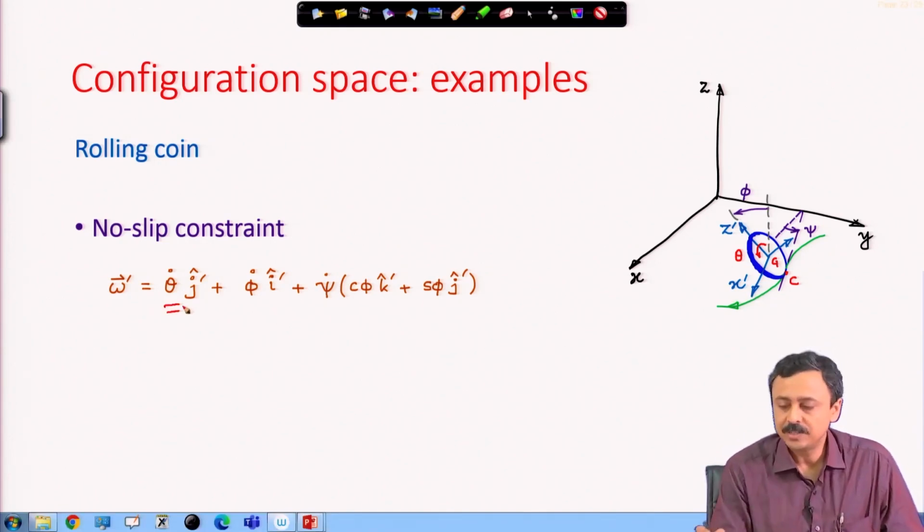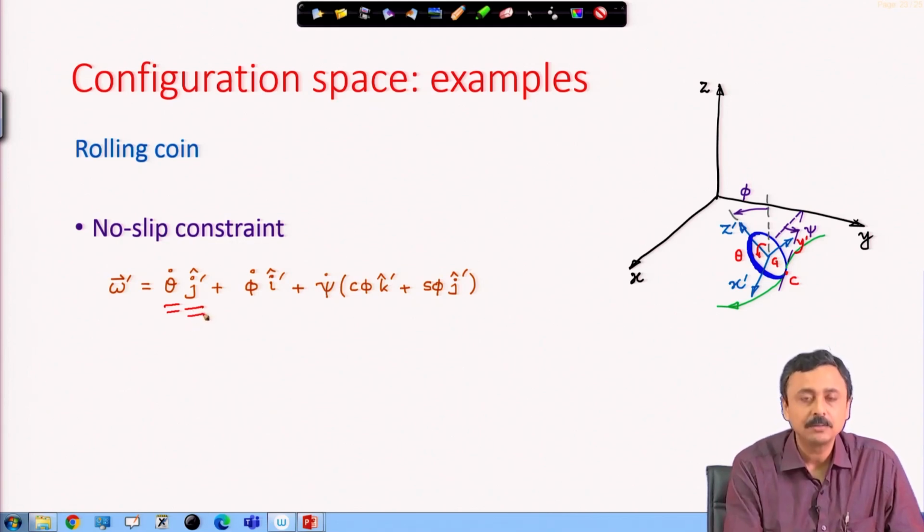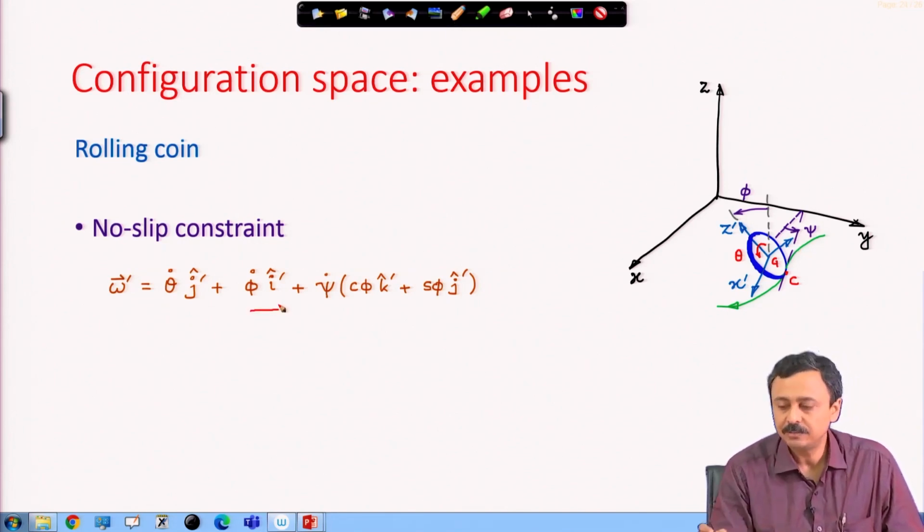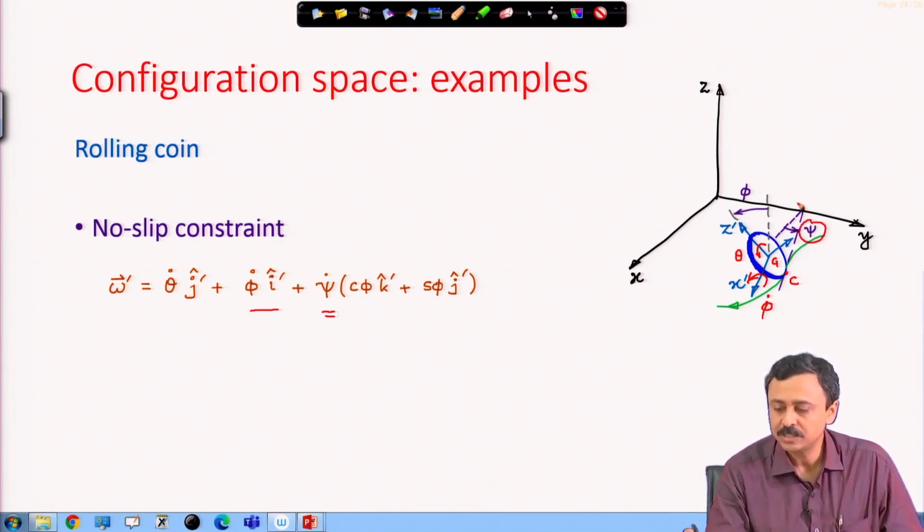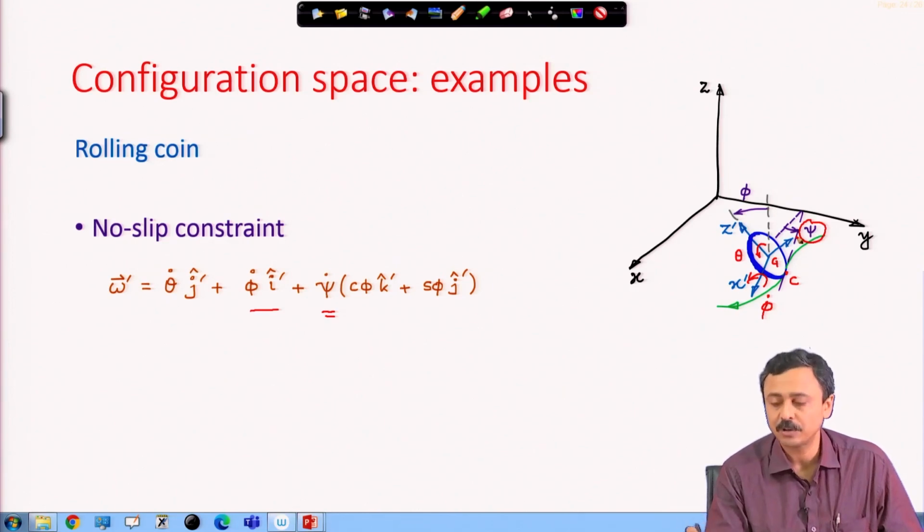First of all is the spin theta dot, which is about the y prime axis, theta dot j prime cap. Then the rate of change of tilt, which is phi dot, taking place about the x prime axis. Therefore, phi dot i prime cap, and psi dot, the change of direction of motion of the coin.